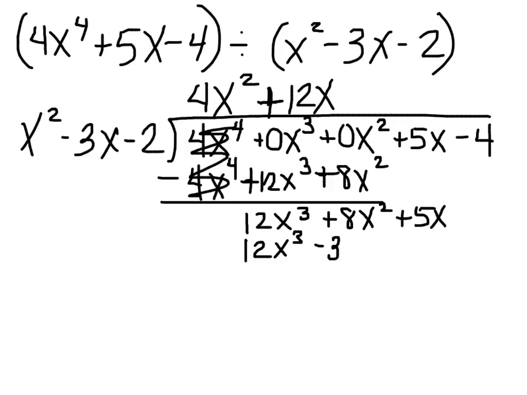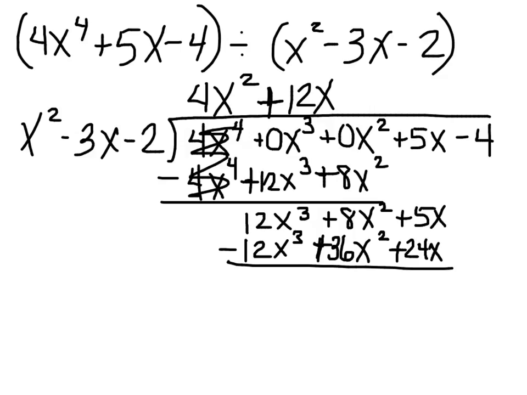Negative 36x squared. 12x times negative 2. Negative 24x. Draw your line, switch your signs, add straight down.